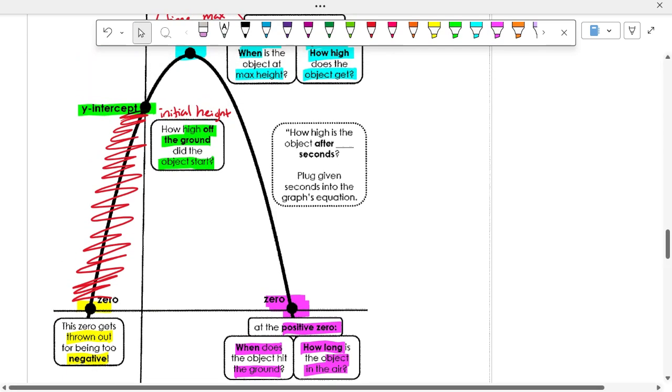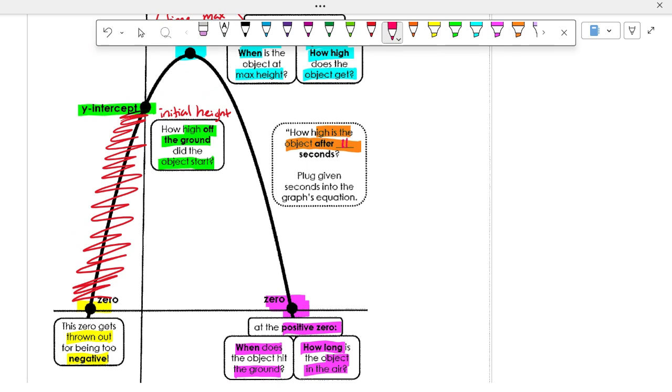And of course, you may be asked questions like, how high is the object after some number of seconds? What you do is plug the given seconds into the graph's equation.